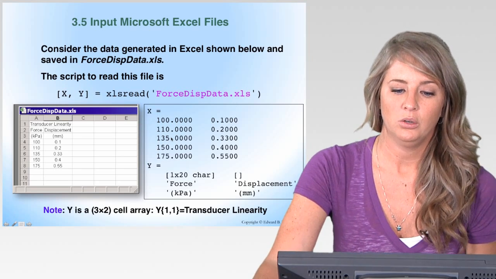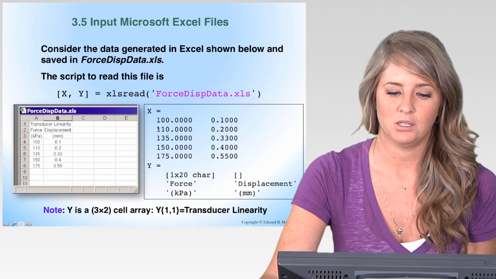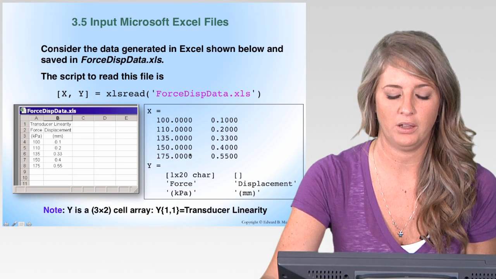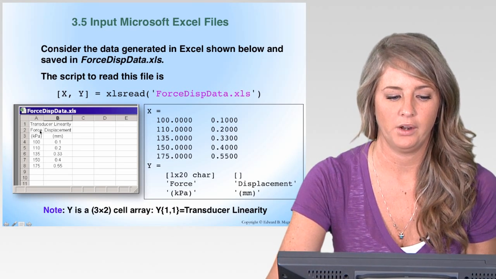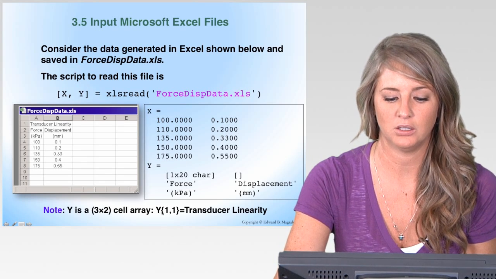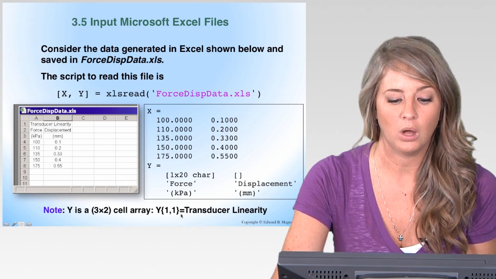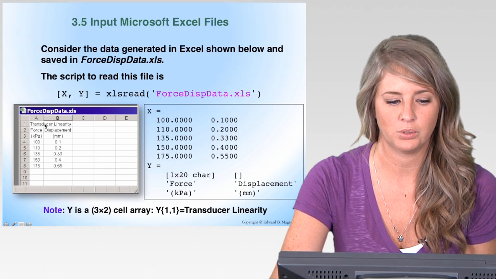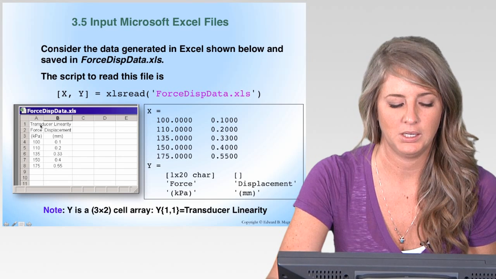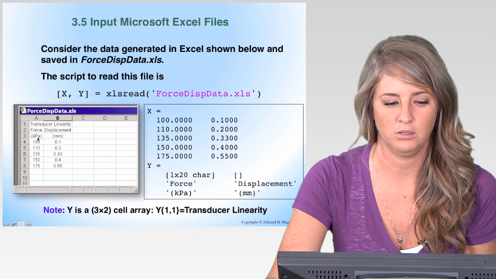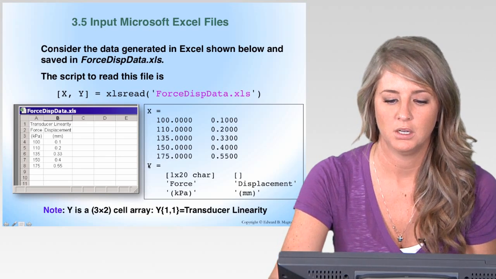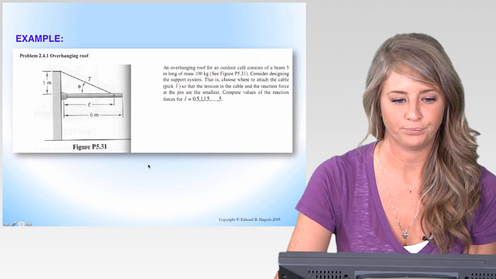When it loads that into MATLAB, it extracts the numerical values for our X, and our Y is comprised of a 3x2 cell array, where cell 1,1 is this transducer linearity. So 3x2, we can see that we have 1, 2, 3 rows that contain text by 2 columns. So hopefully that makes sense.